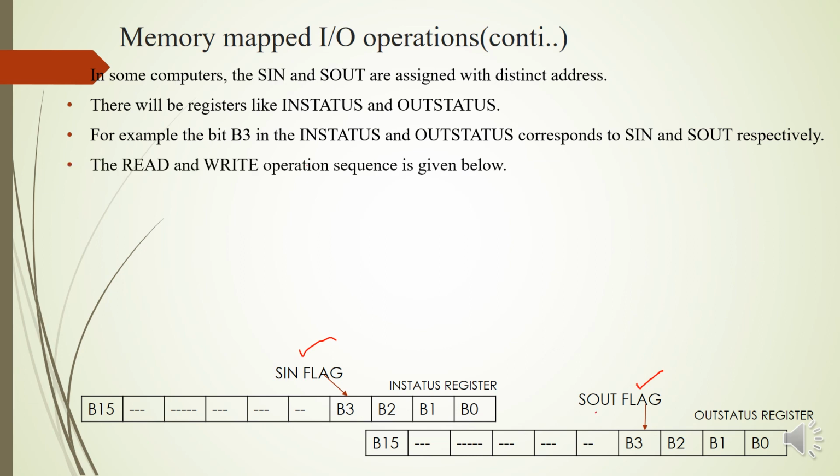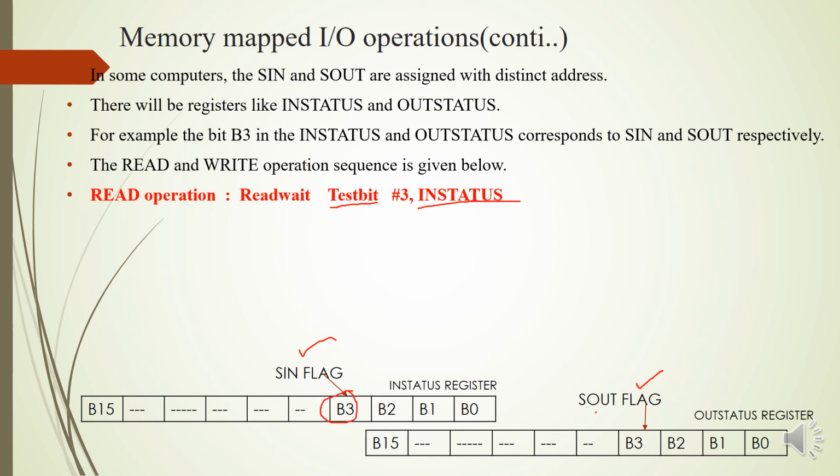The read and write operation sequences are given below. Read operation: read wait, test bit #3, in status. Test bit is an opcode to test the third bit of the in status register, that is B3.